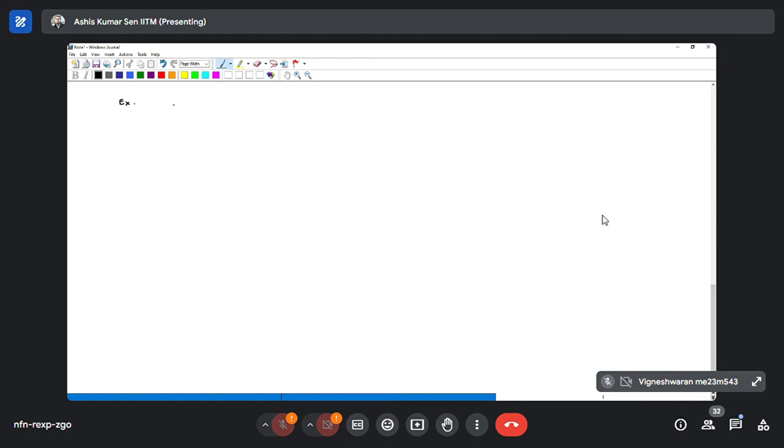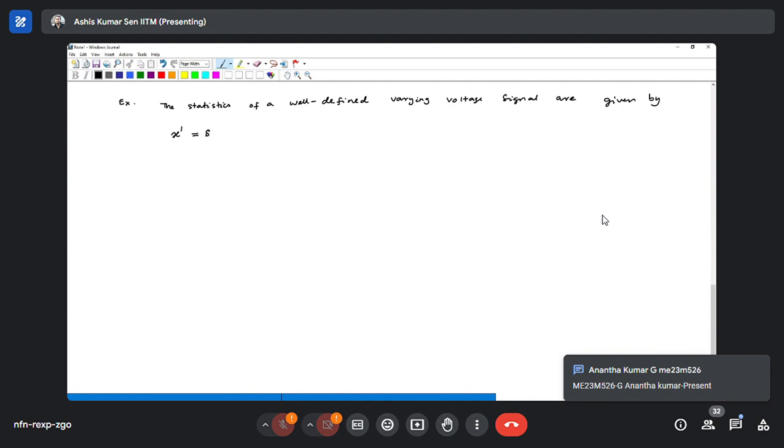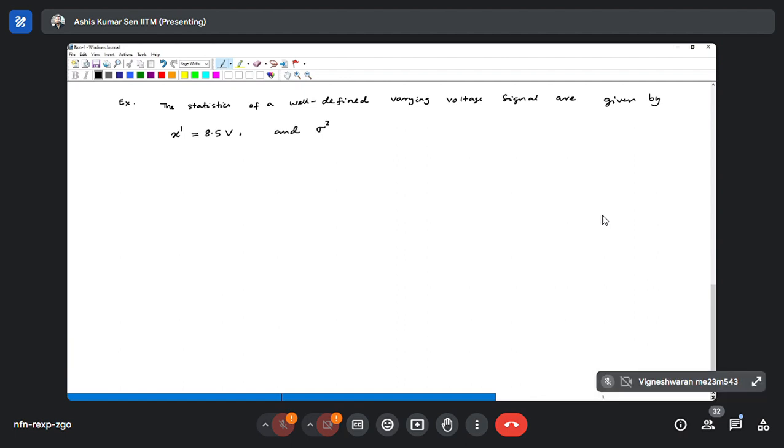Say that the statistics of a well-defined varying voltage signal are given by the true mean as 8.5 volt and the variance sigma square as 2.25 volt square.